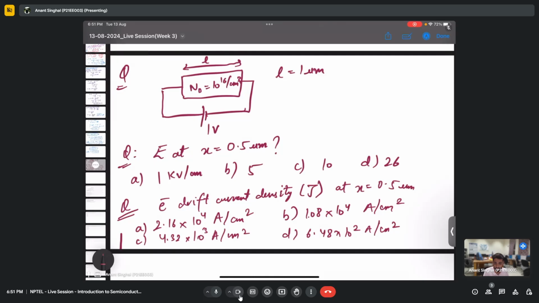So please type in the chat box if you are trying, otherwise I'll solve, because we don't have much time to give for each and every question if you are not solving. So please let me know if you are solving in the chat box.